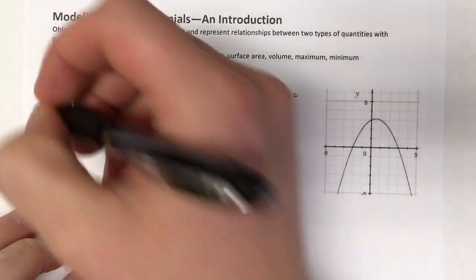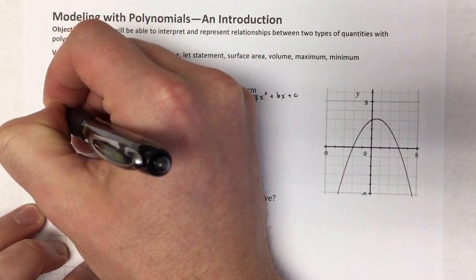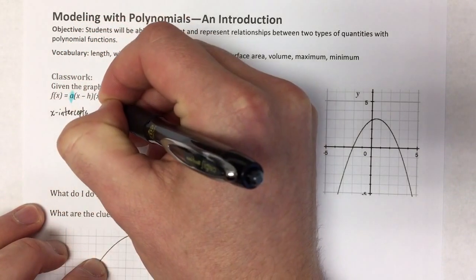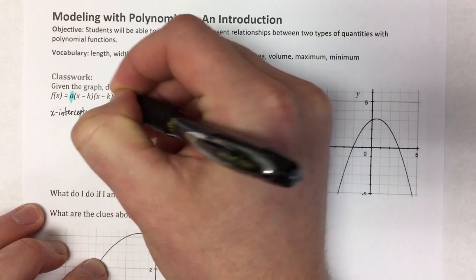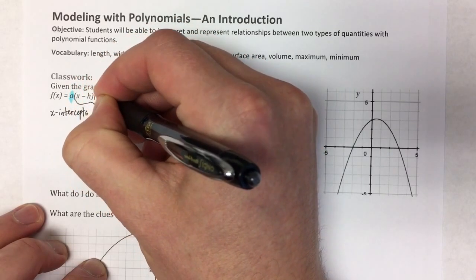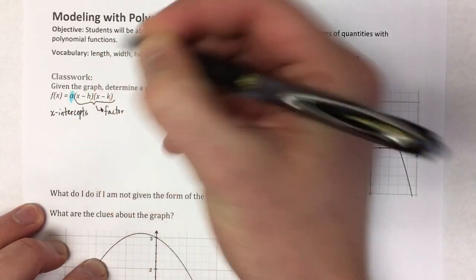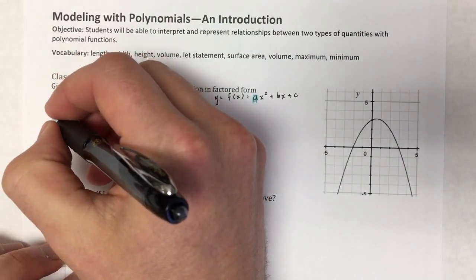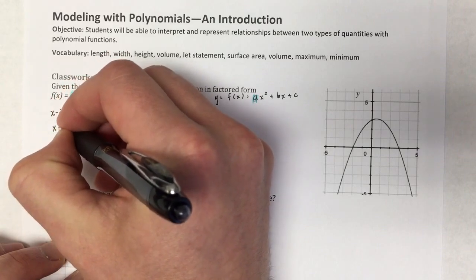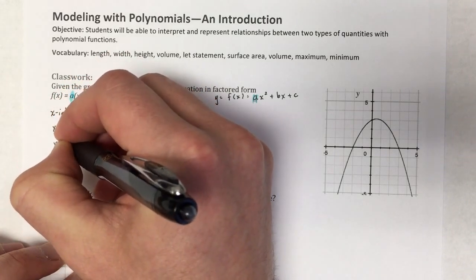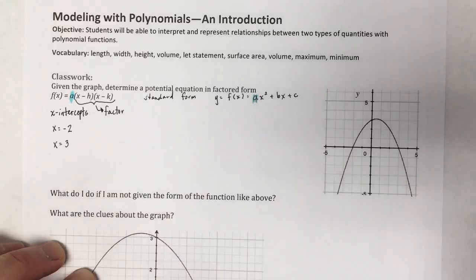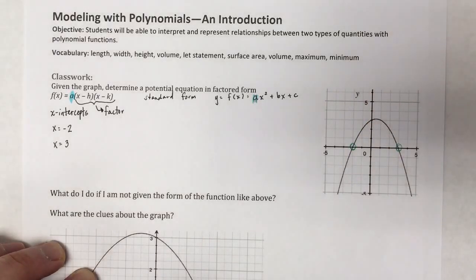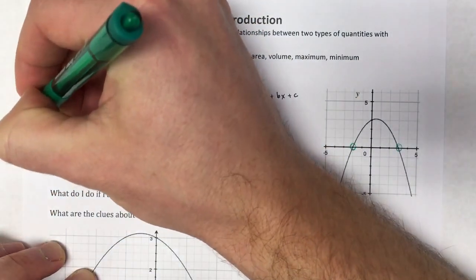And so the first thing I would want to make sure we understand is the relationship between the x-intercepts and the factors. Okay, because these are factors. And what I see as the x-intercepts is x equals -2 and x equals 3. And I can go back to the graph and look directly at where the x-intercepts are, or the zeros.